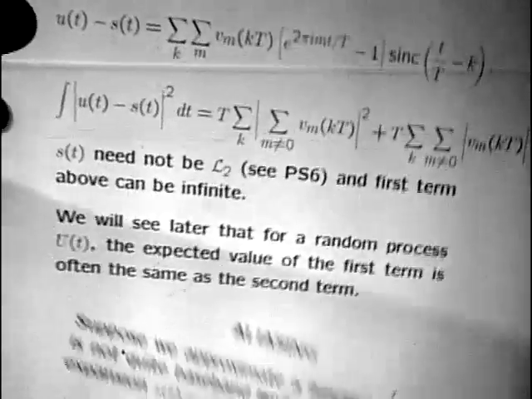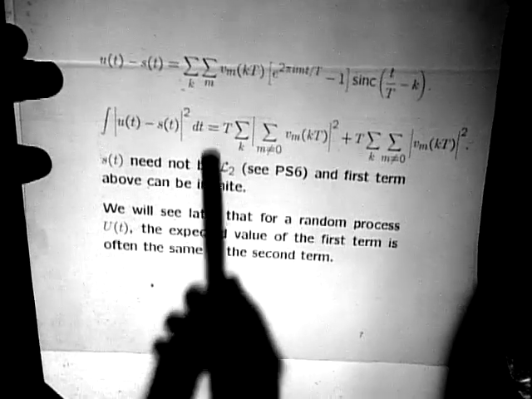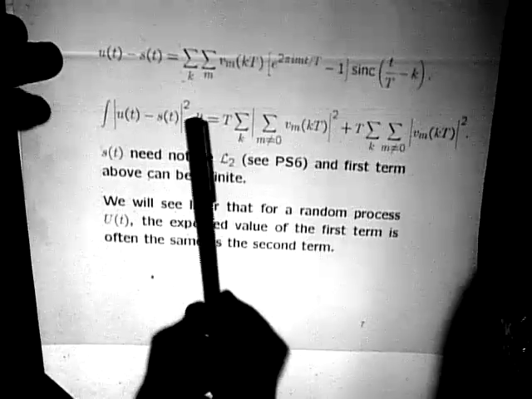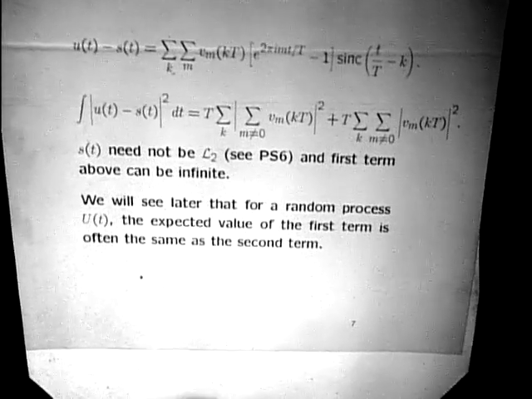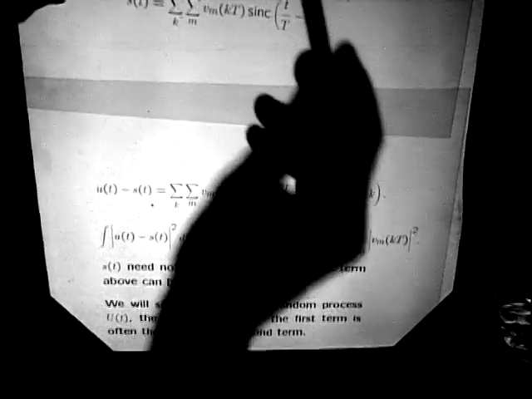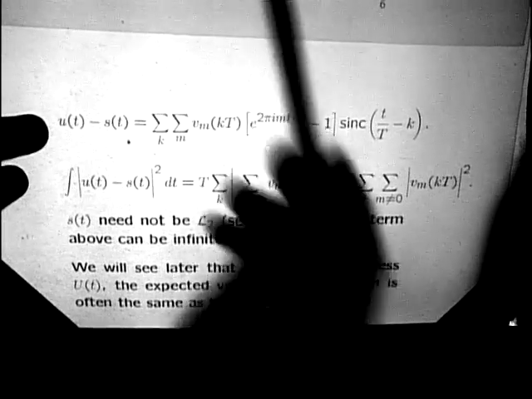So if I look at the difference between u of t and s of t, and this is expressed a little differently than the way it is in the notes, but it's the same thing, it's just a sum over k and m. It has these sinc functions in it, which both of these terms have, and then u of t has these rotating terms, and s of t doesn't.